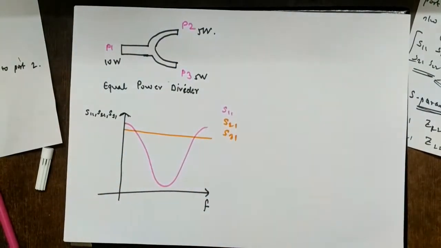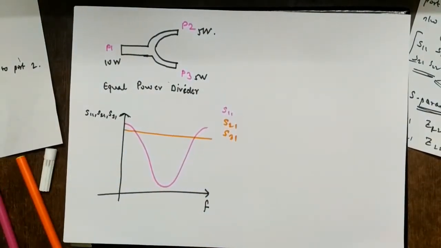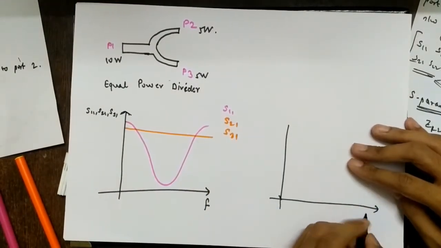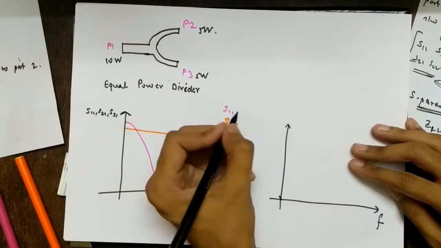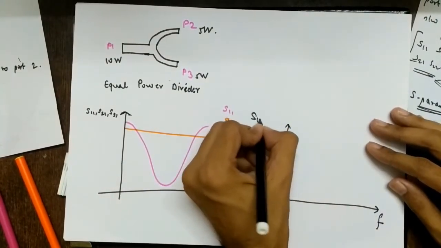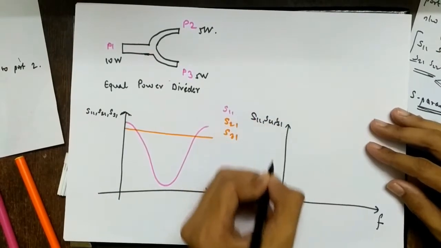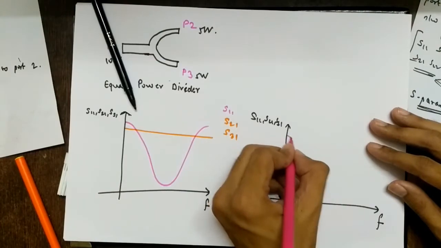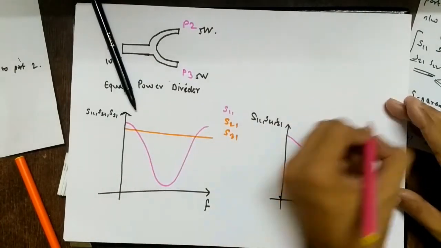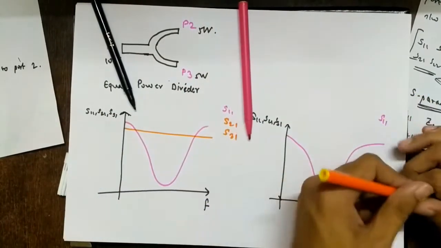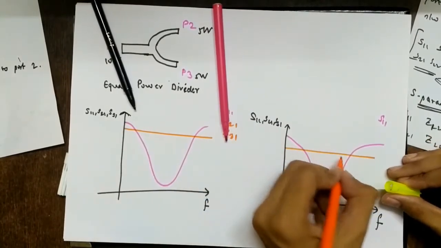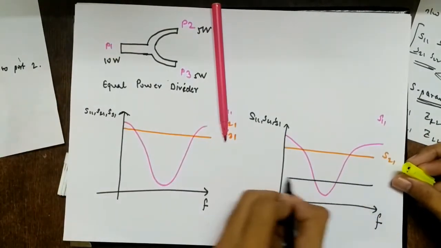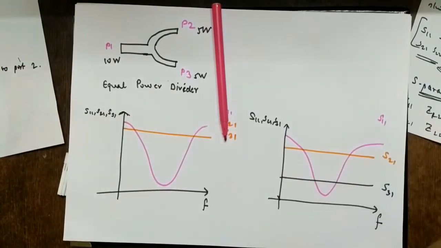Let's say I have one graph of this, and I draw one more S parameter graph. You just think and tell me which is the power divider graph. Again, this is my S11, then I have this as S21 and this as S31.